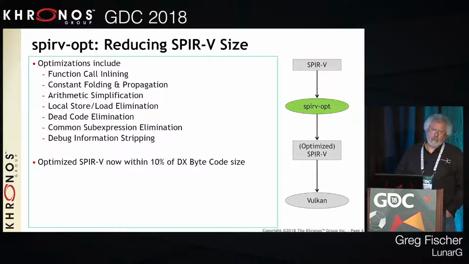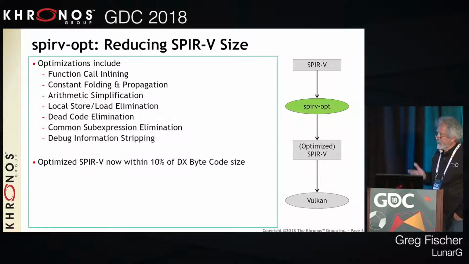So the idea was to apply a number of classic optimizations to reduce its size. Here's a list of some of the more prominent ones. These are designed either to eliminate code from the shader, or to do analysis, or enable analysis, to do additional removal of code.